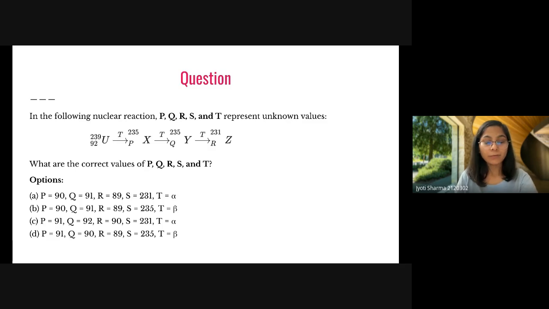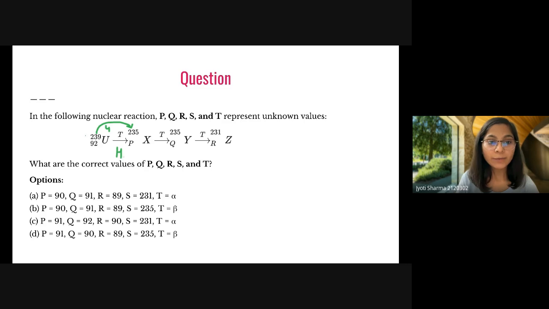If you see here, this was 239, and it is changing to 235. So it is reducing by 4, which means an alpha particle must have been emitted. An alpha particle means helium.